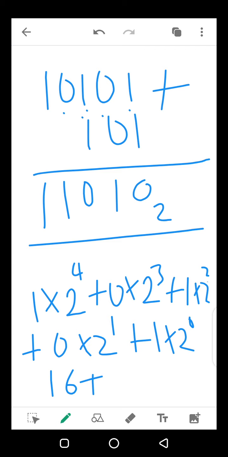Then the third one, 2 raised to power 2 is 4, and 4 times 1 is 4, plus the fourth one is 0, anything times 0 is 0. Then the last one, 2 raised to power 0 is 1, anything raised to power 0 is 1. Then 1 times 1 is 1. So this is equal to 16 plus 4 is 20. 20 plus 1 is 21. So the first one is 21.